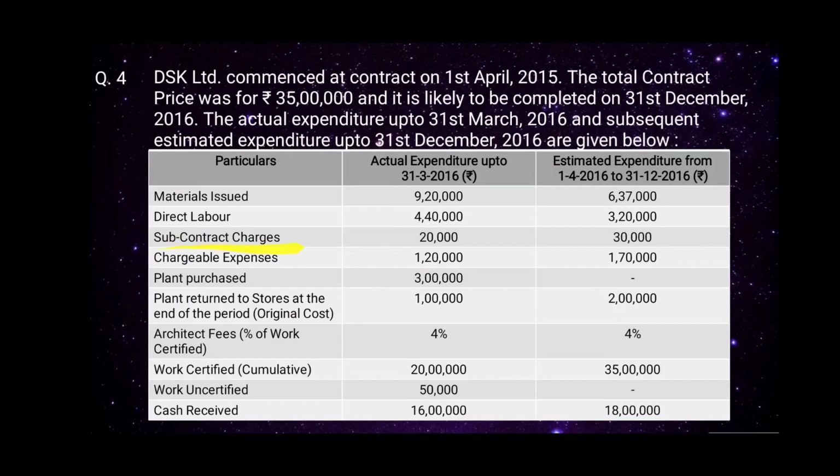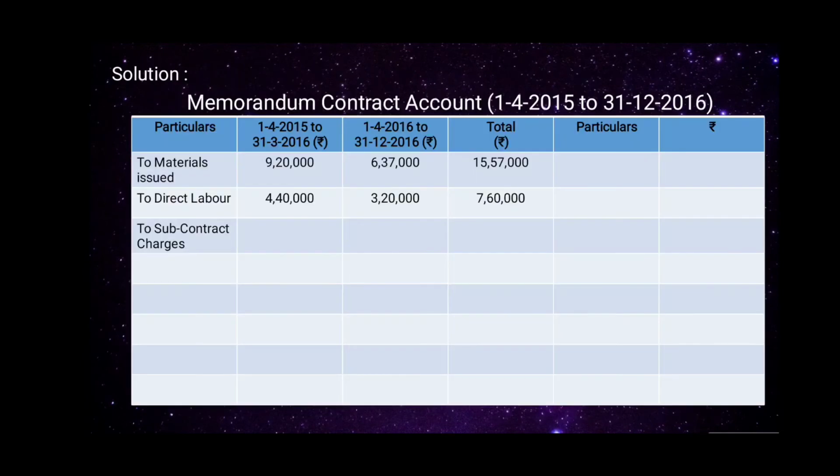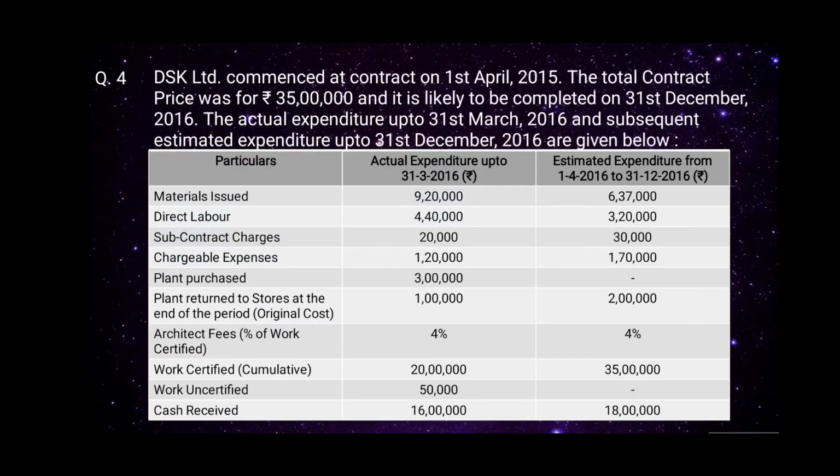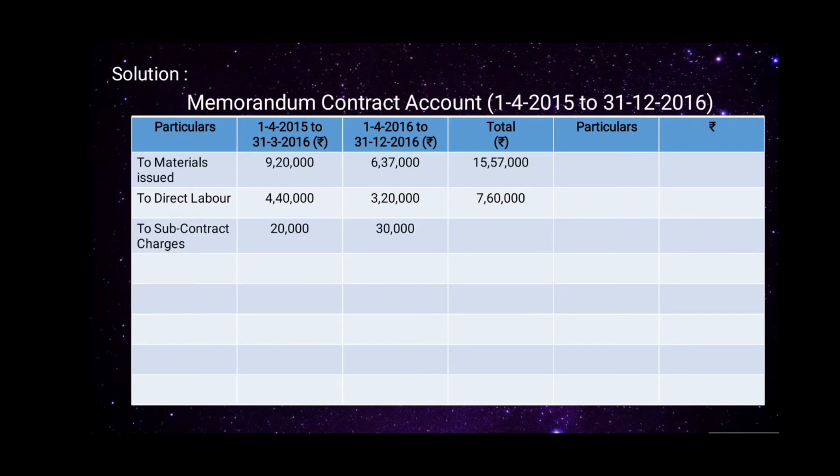Next is subcontract charges amount is 20,000 for actual expenditure. So we'll record it to subcontract charges amount will be 20,000, and for estimated expenditure amount will be 30,000. So we'll record it 30,000. So the total amount will be 50,000.